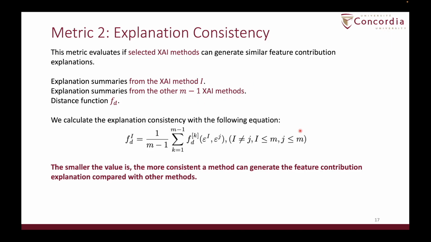And then we calculate the explanation consistency of other methods to method I by the following equation. We calculate the summary distance between method I and other methods and take the mean value of those distances. The smaller the value is, the more consistent a method can generate the feature contribution explanation compared with other methods.